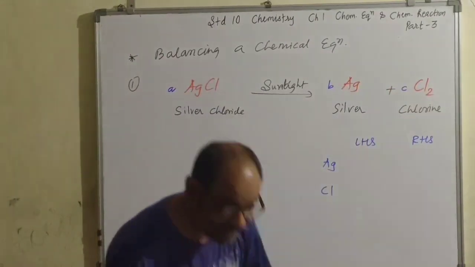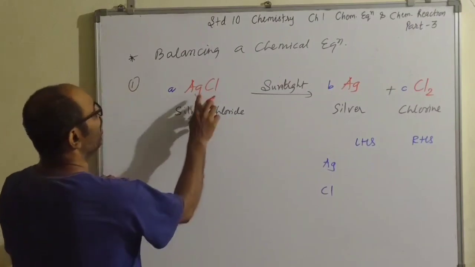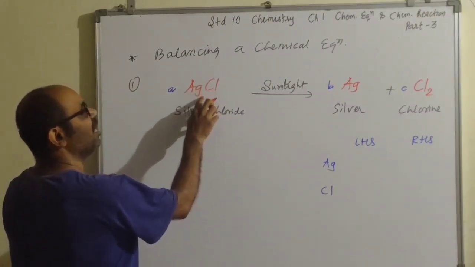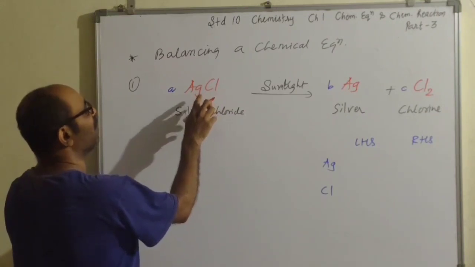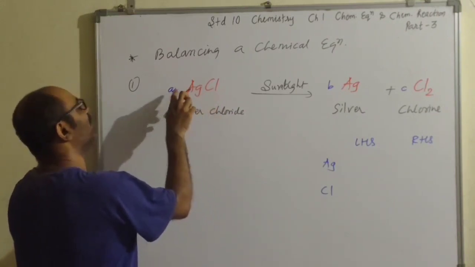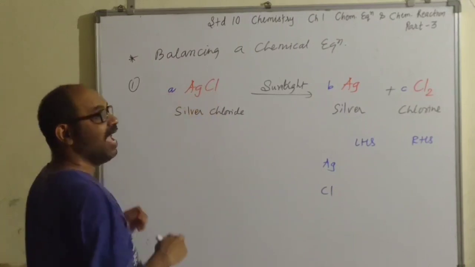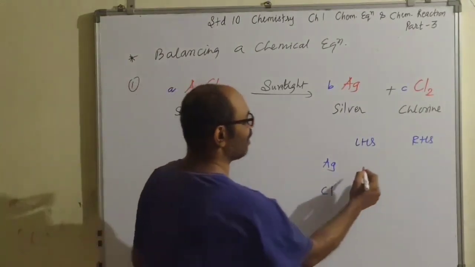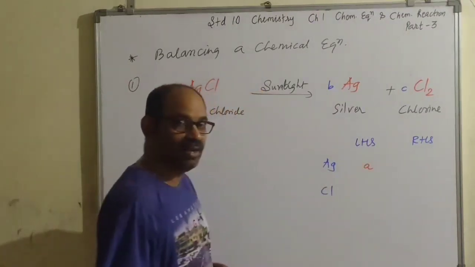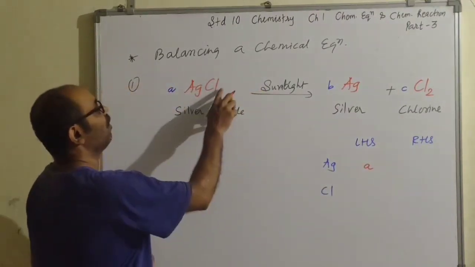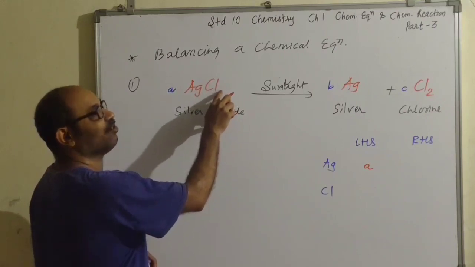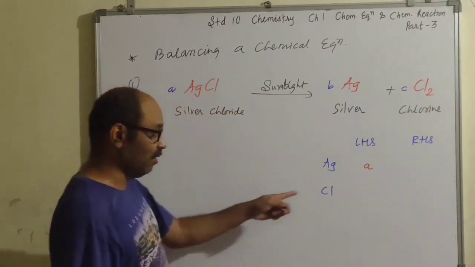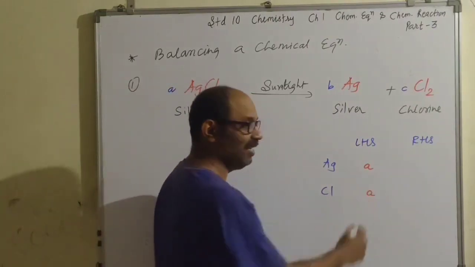Now please pay attention. Here you can imagine the subscript as 1. Ag has nothing below it, so subscript 1. Multiply the subscript with A. So 1 into A, we have A atoms of silver on the left hand side. What is the subscript of Cl? Nothing. So 1 into A, A atoms of chlorine on the left hand side.